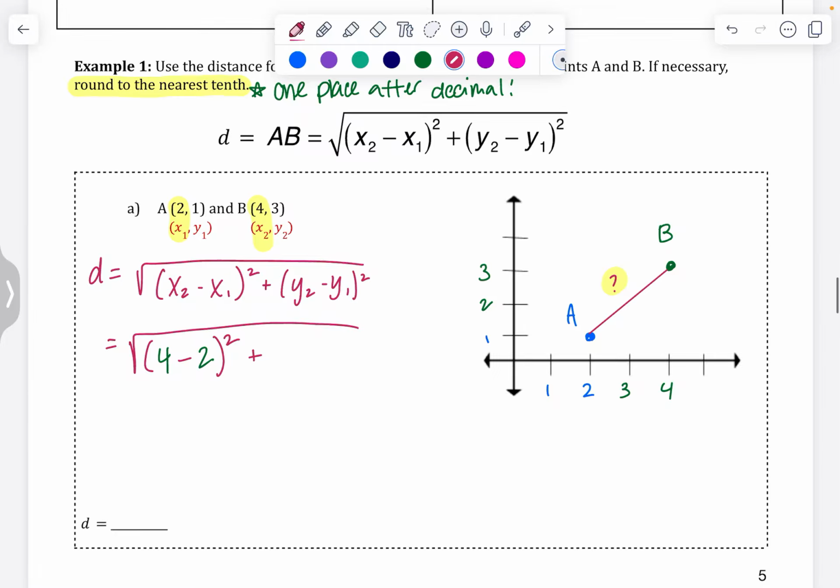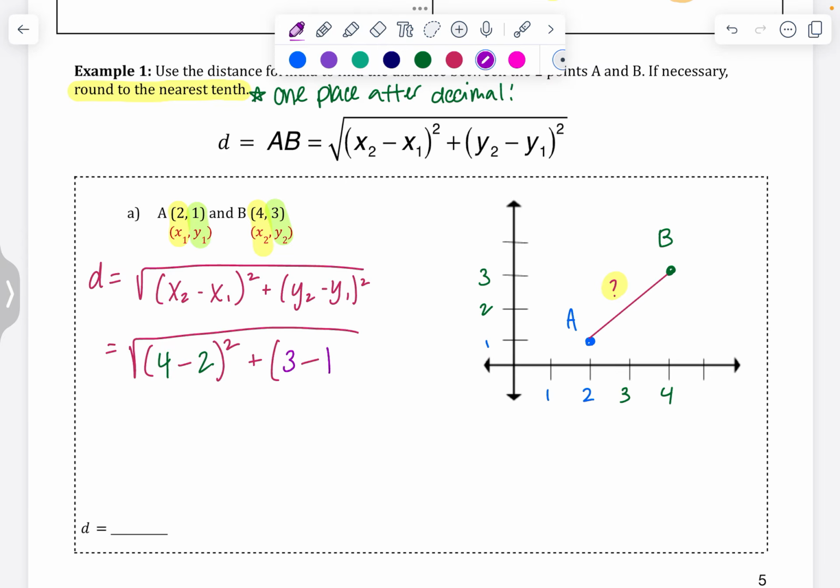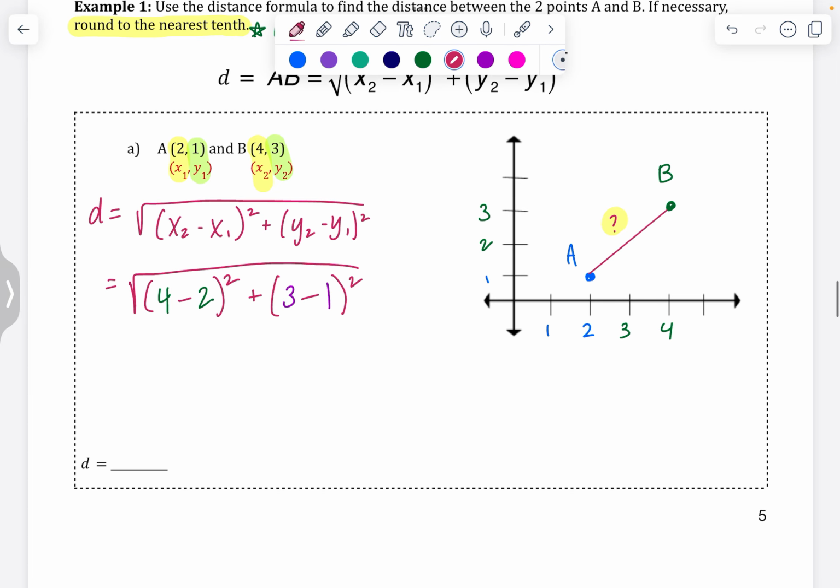Plus now my y2, which is 3, minus y1, which is 1. Then I close my parentheses and square it.